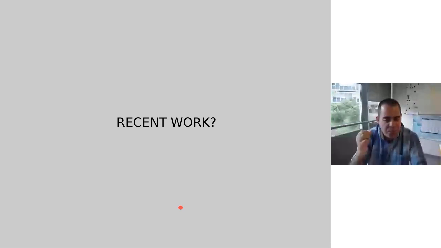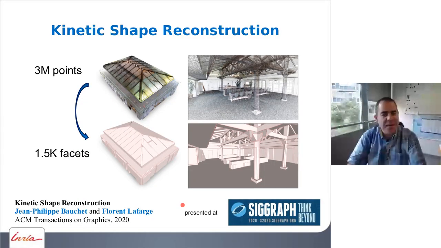I will show you one recent work that was performed in my team at INRIA by Florent Lafarge and a PhD student, Jean-Philippe Bauchet. It is called Kinetic Shape Reconstruction. I show you just one slide, a teaser. I was just trying to sketch by moving my hands how that works.